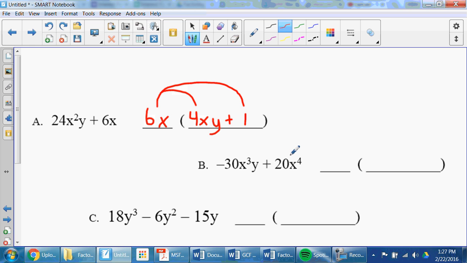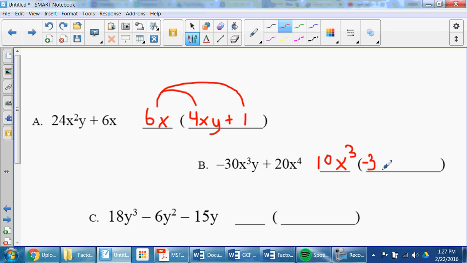All right, factors for negative 30 and 20. 10 would be my greatest factor. And then they both have an x, so I'm going to take the x out. That has the lowest of the exponents, so I'm going to take x to the third out. When I do that, 10 times negative 3 would be negative 30.